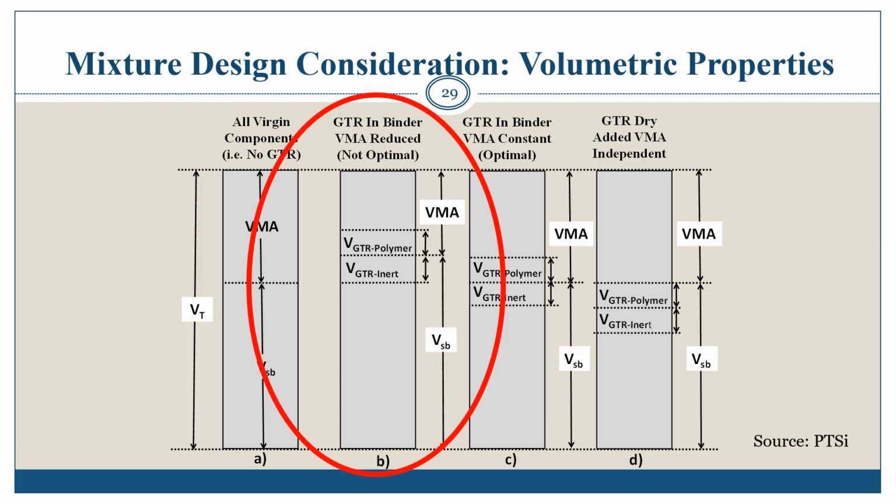Considering V sub GTR inert as part of the binder would be overestimating the actual VMA, yielding less VMA than desired. Remember, I mentioned this is V sub BE, but if you've got both the inert and the polymer, you're treating all of that as binder, which actually overstates the binder volume and can yield less VMA than desired.